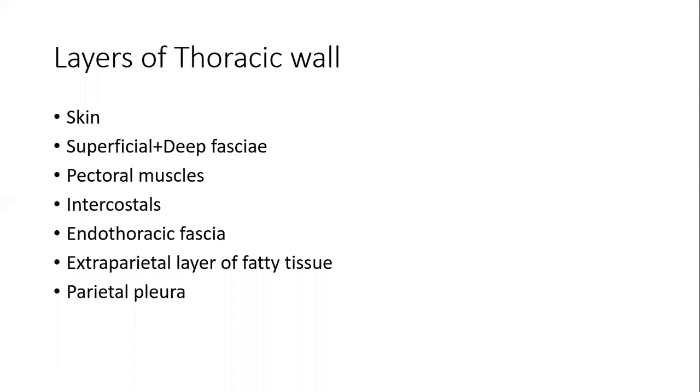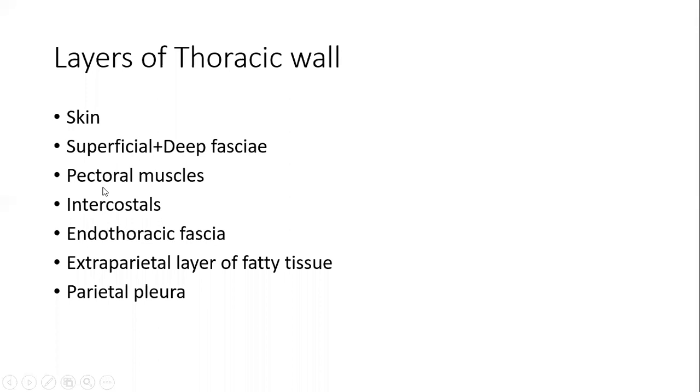In females, the superficial fascia contains mammary glands, which are absent in males. Then below the superficial fascia, we have deep fascia. Further deeper to deep fascia are the pectoral muscles, that is the pectoralis major, minor, subclavius, and on the anterolateral side of the thoracic wall, we have serratus anterior.